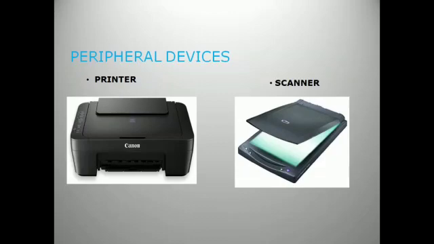These are peripheral extra devices which we use for different purposes and connect to our computer. A printer is used to print documents, photos and anything else that appears on your screen. We can print different types of documents, photos and whatever you want to print which appears on your screen.